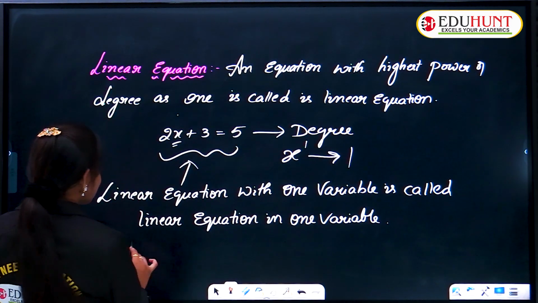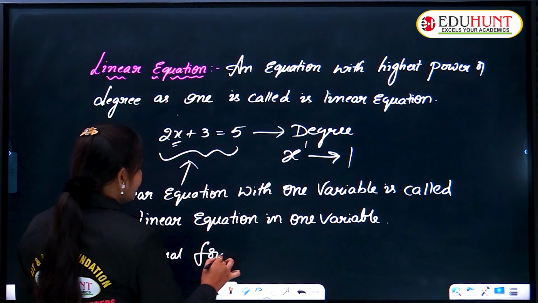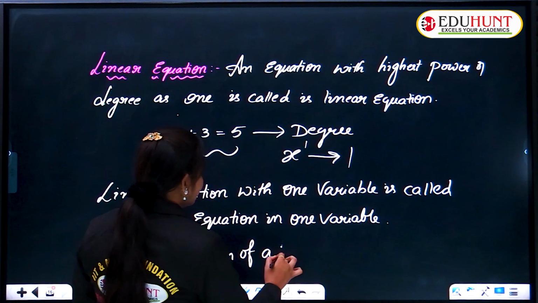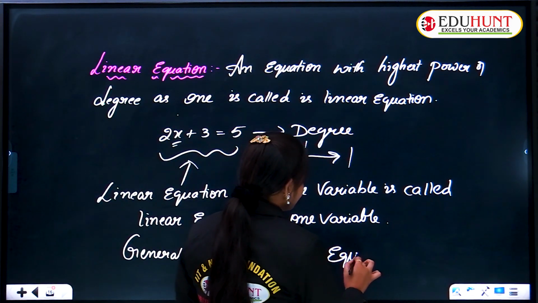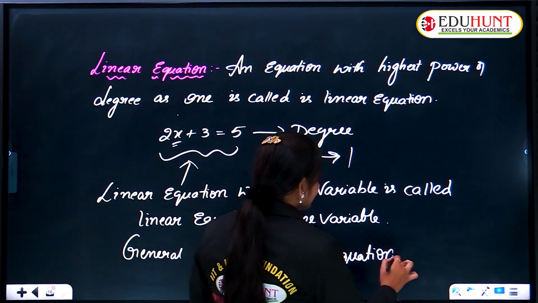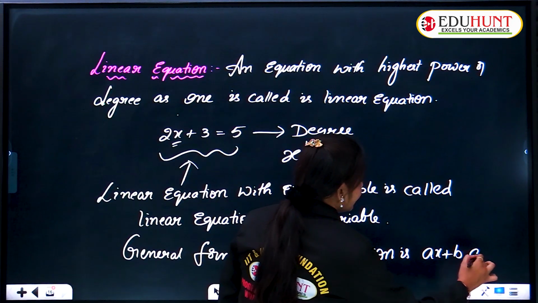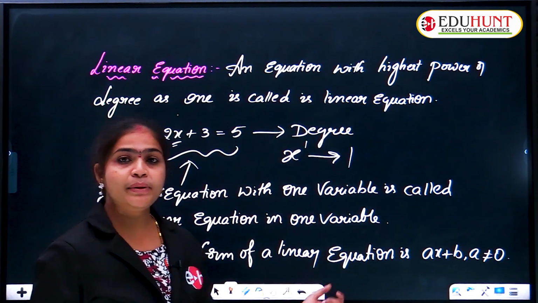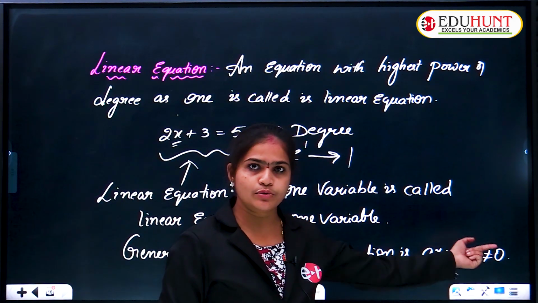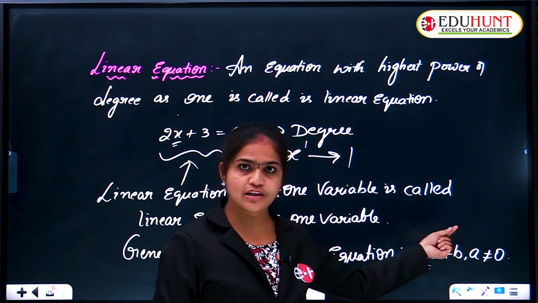What is the general form of a linear equation? The general form of a linear equation is ax plus b equals 0, where a is not equal to 0. Here a and b are constants. The highest power is 1, so the degree is also 1.